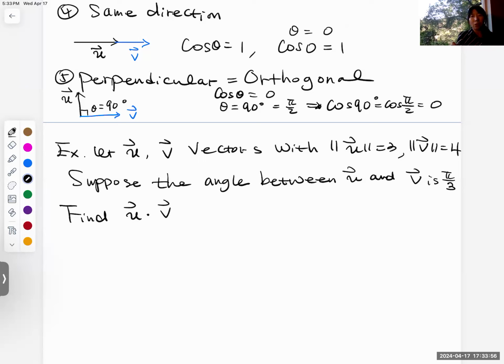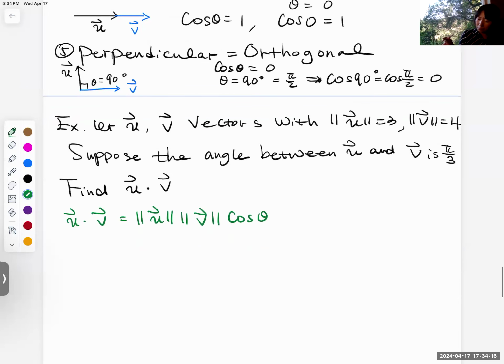Okay, so we are using the formula related with the angle. That is magnitude of u, magnitude of v, and cosine theta. Now magnitude of u is given, which is 3, and magnitude of v, which is 4.